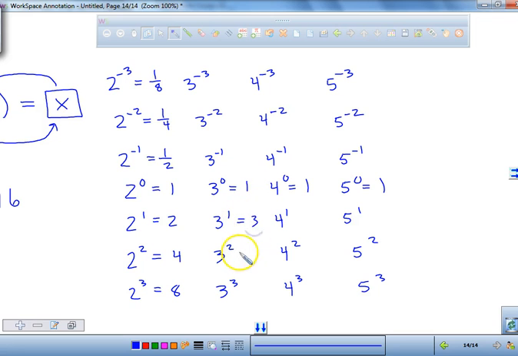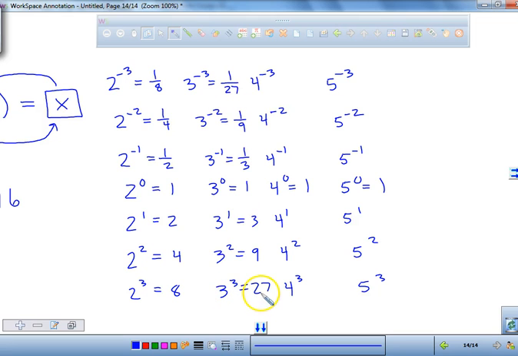3 to the first, 3, 9, 27. What's 3 to the negative 1 going to be? 1/3. What about 3 to the negative 2? 1 over 9, and 3 to the negative 3, oh, that's 3 to the negative 3: 1 over 27.